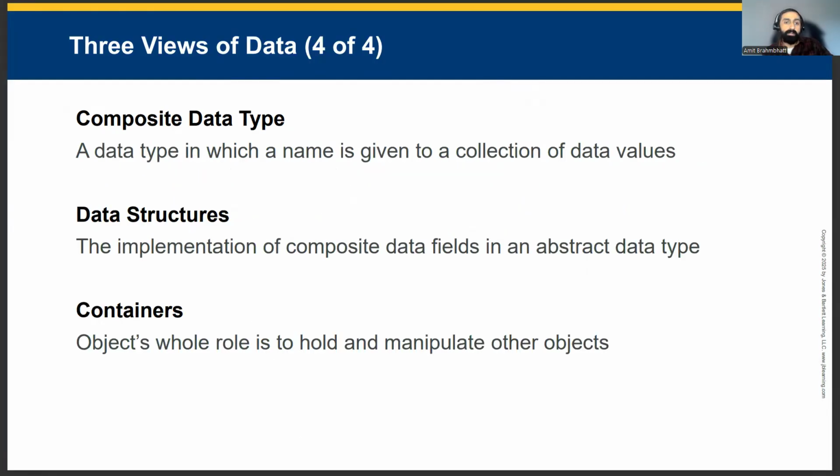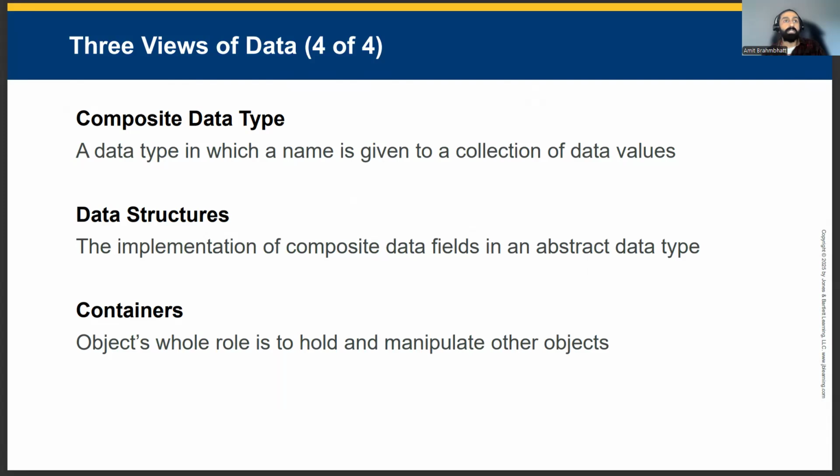Composite data types. Composite data is a data type in which a name is given to a collection of data values. So it bundles multiple pieces of data under one name. For example, a student record that contains a name, ID number, and GPA is a composite data type.